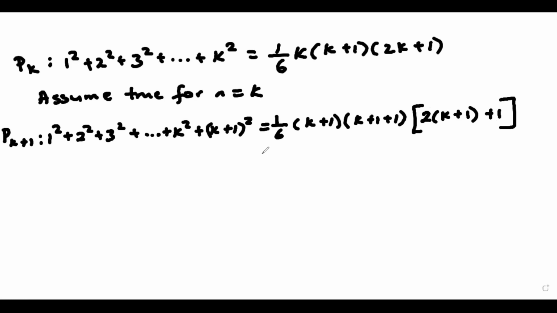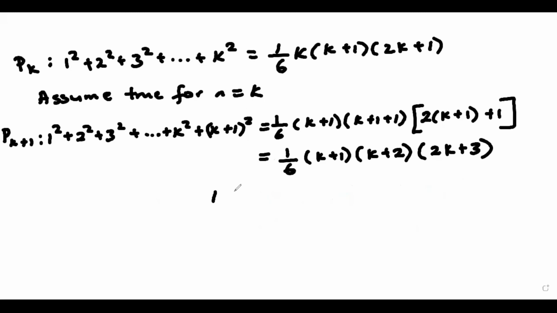So we can simplify this. It's 1 over 6 k plus 1, k plus 2, 2k plus 2 plus 1, so that's 2k plus 3. True for n equal k plus 1.